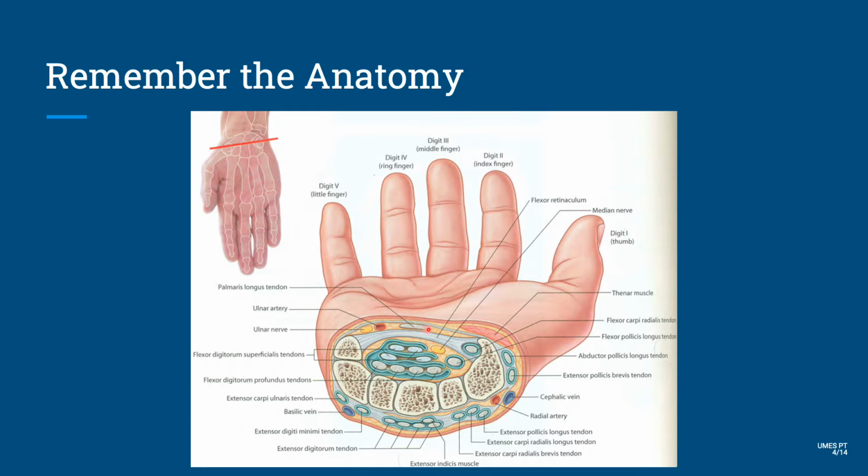And then, guess what? Very superficial, right in the center, you have the palmaris longus tendon. So sometimes you can see that on ultrasound, other times you can't. It depends where your focus is, on what depth, and of course if the person has it or not. Here's the carpal sulcus right here.